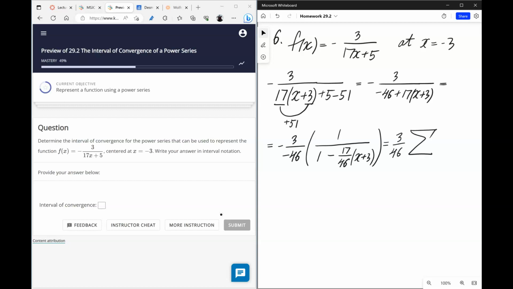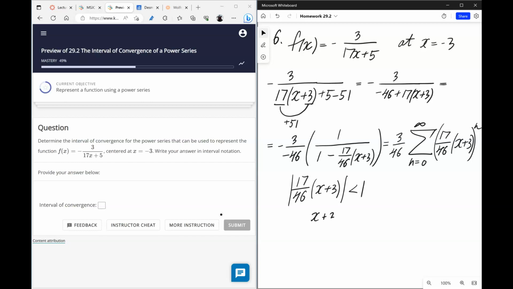Now we're going to use the identity. But this identity is only true when what we plugged in is less than 1 in absolute value.